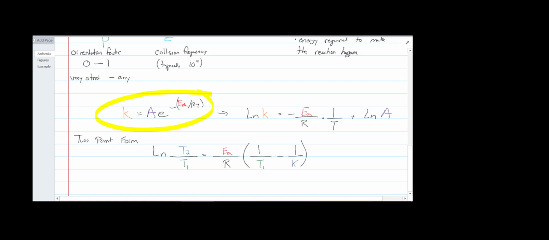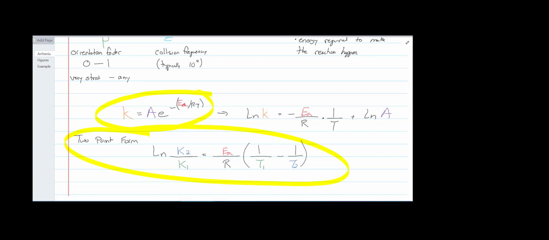There's our two-point form, finally. So those are the two Arrhenius equations we will use to solve problems.